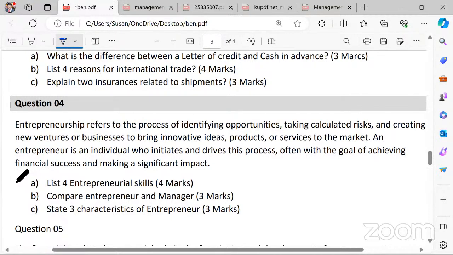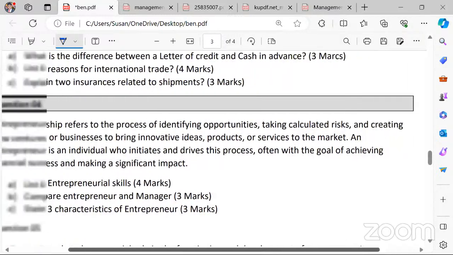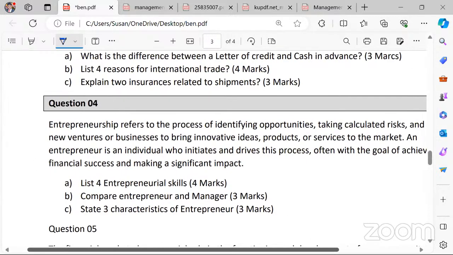Entrepreneurship refers to the process of identifying opportunities, taking calculated risks, and creating new ventures or businesses to bring innovative ideas, products, or services to the market.